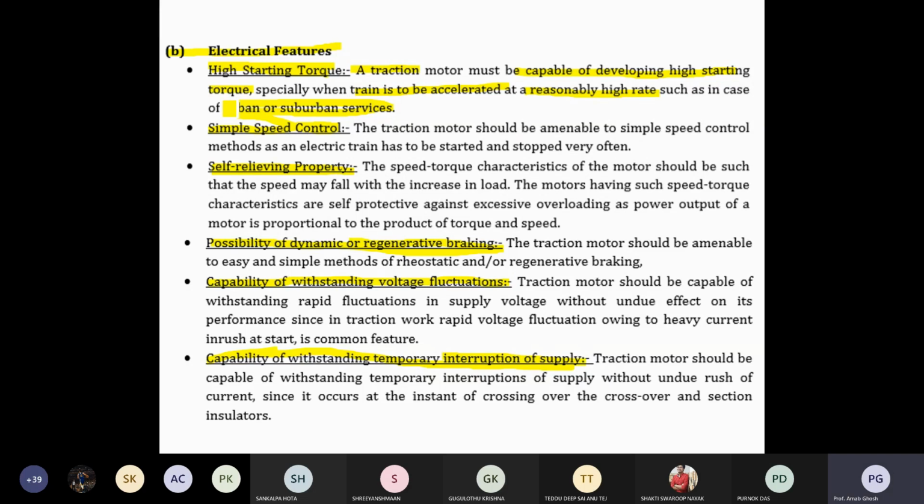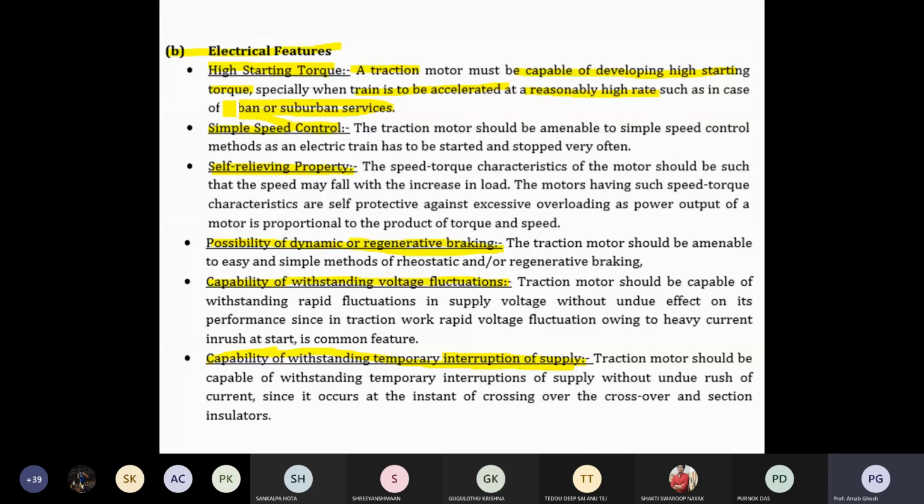So there is starting of the motor, then braking or coasting. That's why the motor should have very fast acceleration to reach the maximum speed, otherwise it will be difficult.